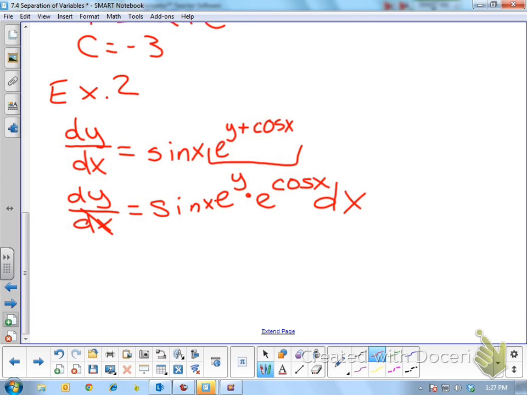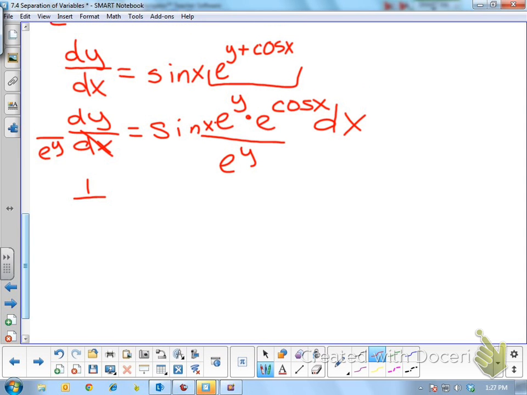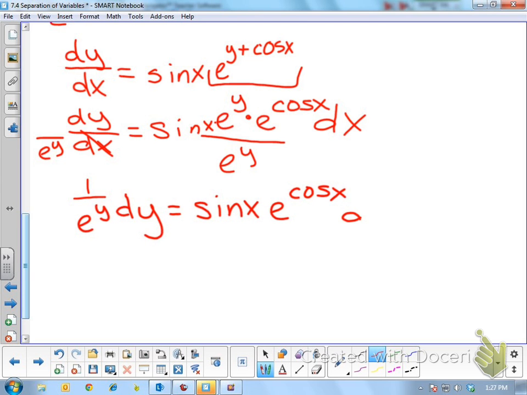E to the y. And how am I going to move it? Divide it. I'm going to divide both sides by e to the y. So we get 1 over e to the y dy equals sine x e to the cosine x dx.